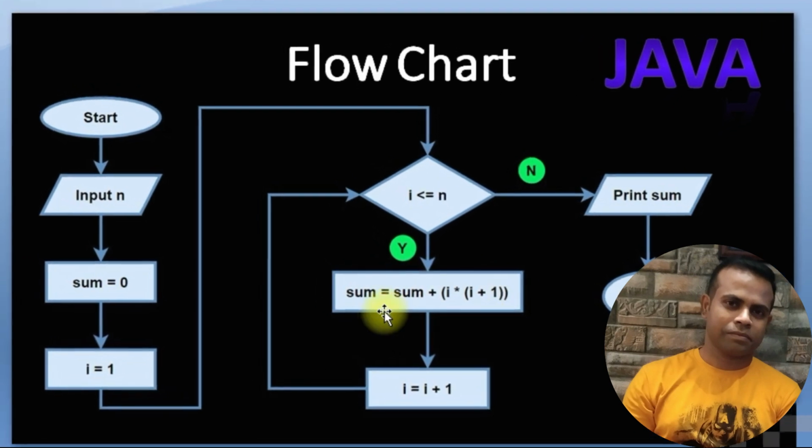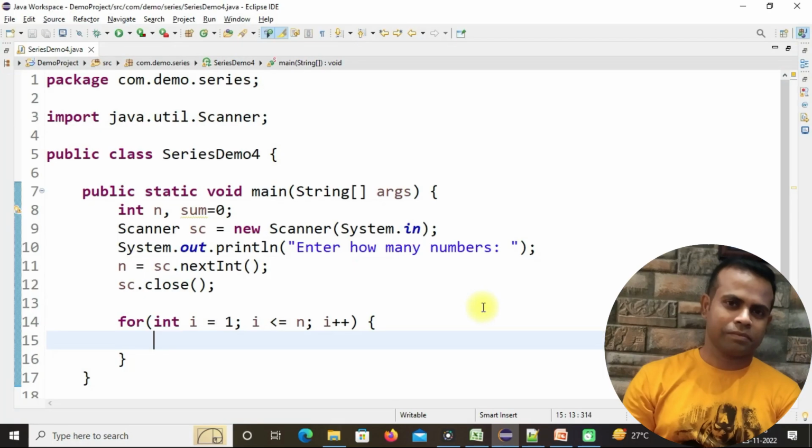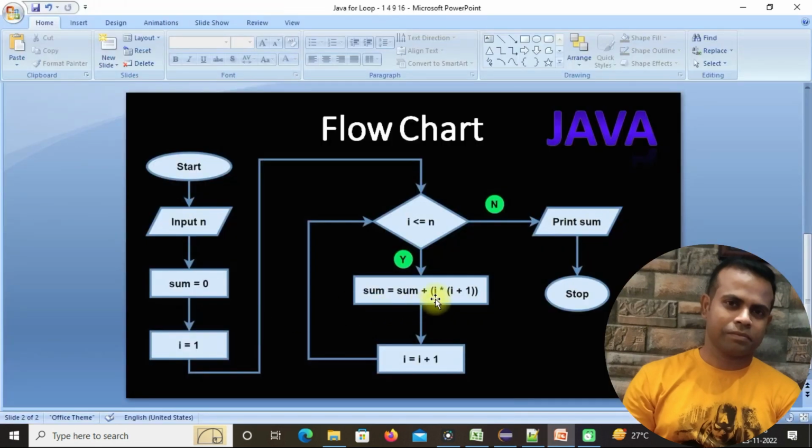Now here I have to create a statement like this: sum is equal to sum plus i into i plus 1. So make this statement under the for loop. So it is sum equal to sum plus, and under that I have to create i into (i plus 1).